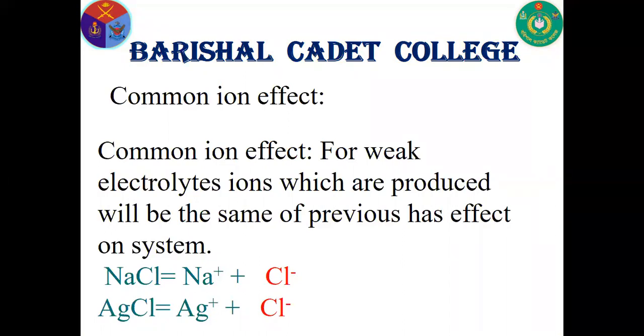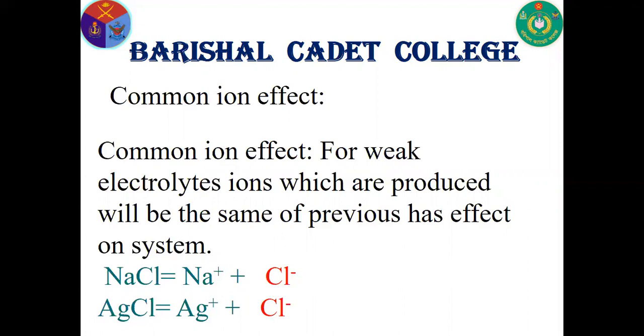Suppose in the dissociation of sodium chloride in a sample, chloride ion is present. If we add silver chloride to this solution, silver ion and chloride ions are produced.